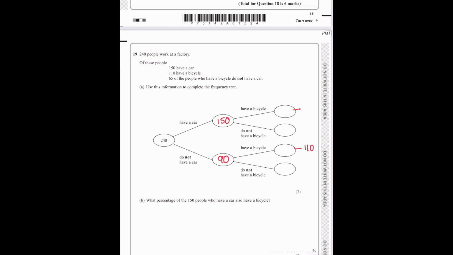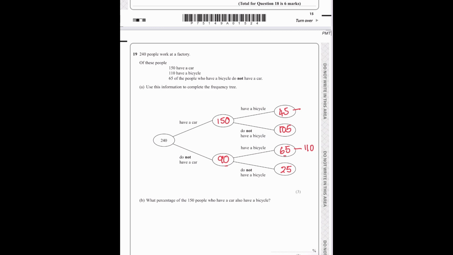And it tells us 65 people who have a bicycle do not have a car. So do not have a car, have a bicycle is 65, which means this one must be 110 take away 65, which is 45. 150 take away 45 gives me 105, and 90 take away 65 gives me 25.